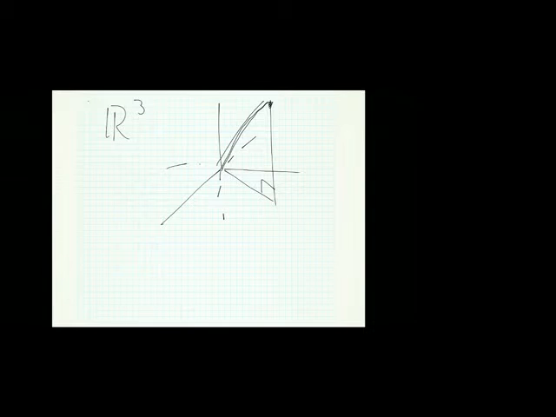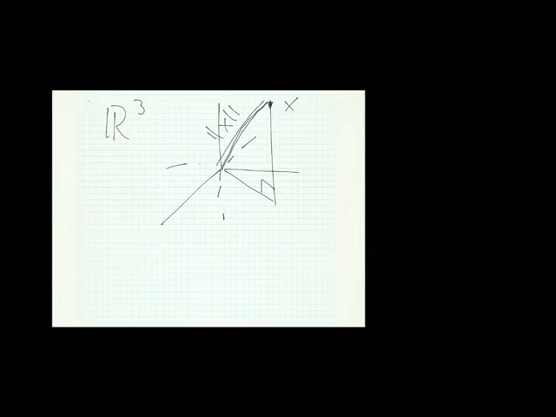So if this is an element X in R3, then you can really work out geometrically that that should be the norm of X, the distance from X to the origin.